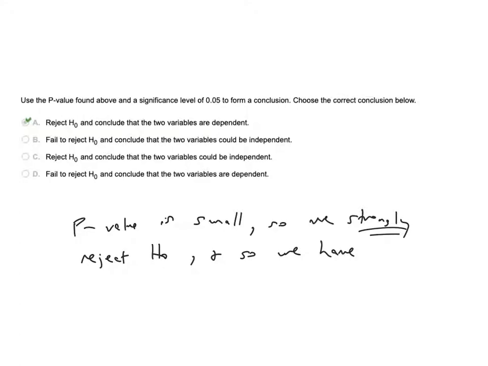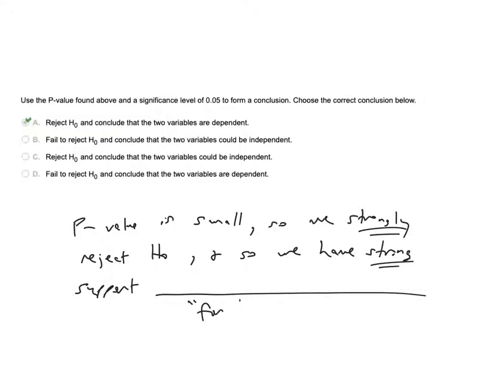And so we have support. And again, you could say strong support in this case, because the p-value is so small. And really you're going to put strong support for HA. That's what you're going to write here.